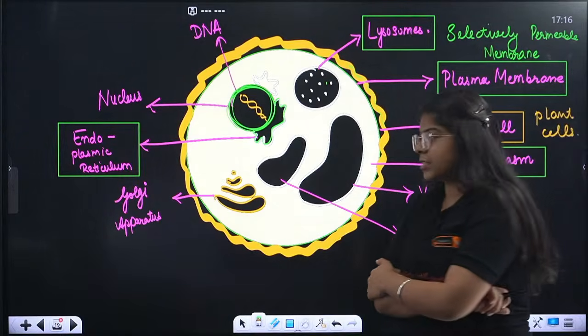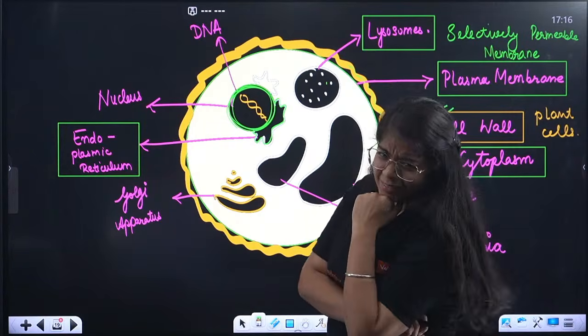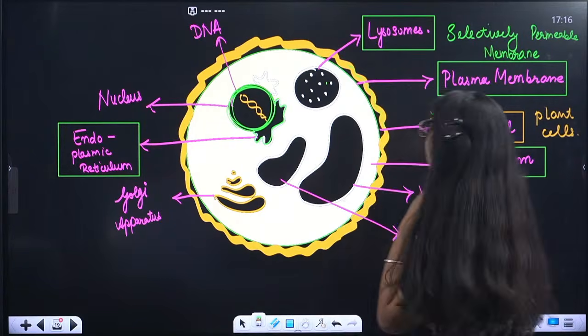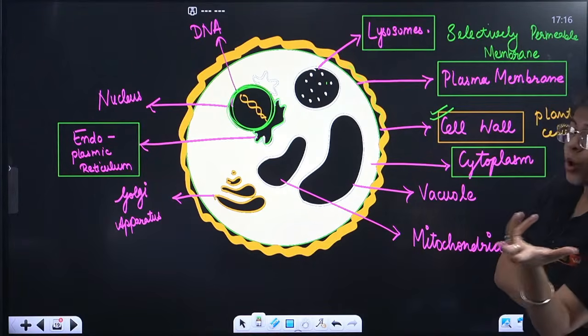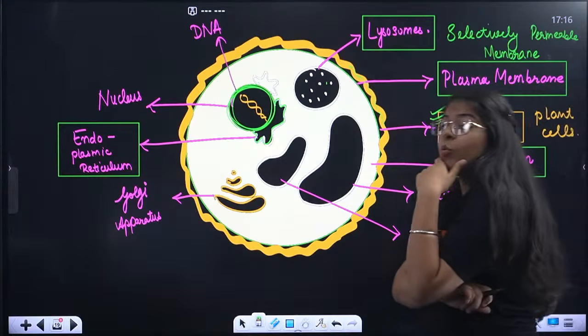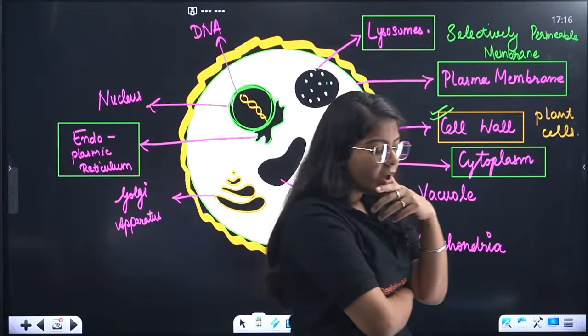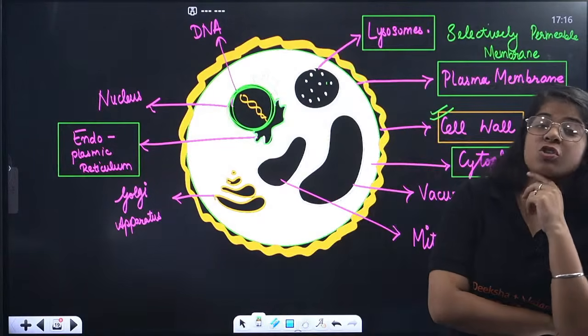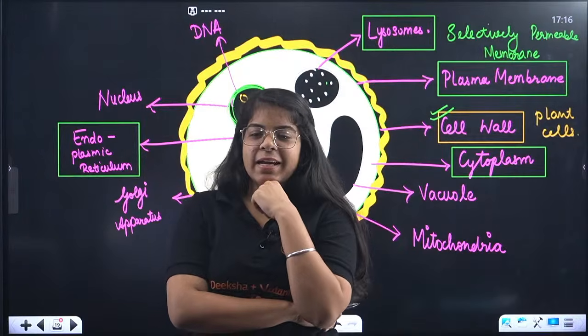Let me know fast. Golgi apparatus, nucleus, DNA, plasma membrane, cell wall, cytoplasm, vacuole or mitochondria. Out of these, which is called the storehouse of the cell? What did you not understand?